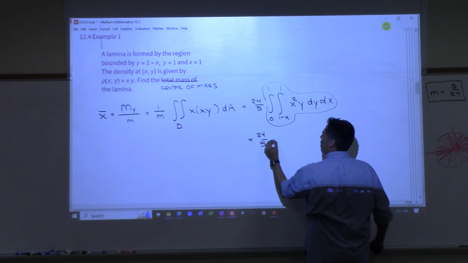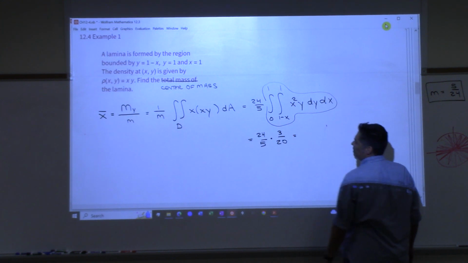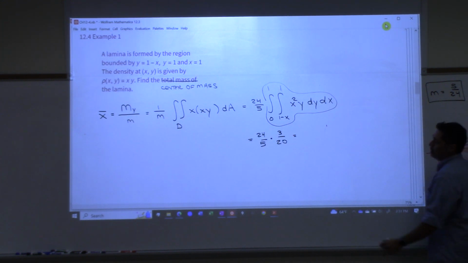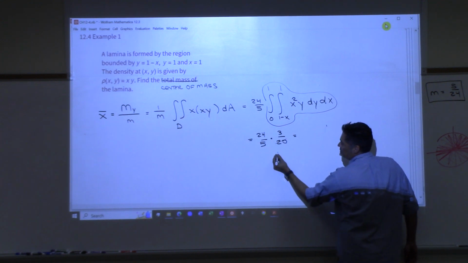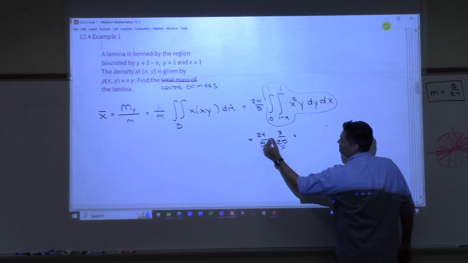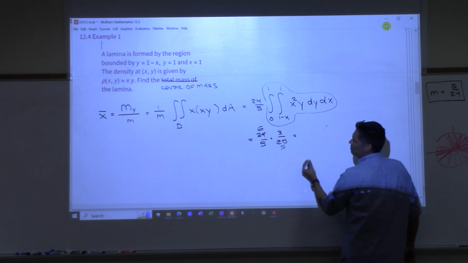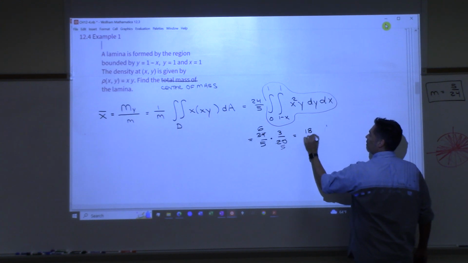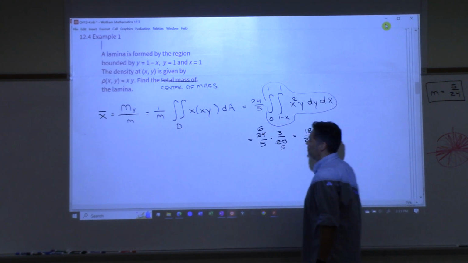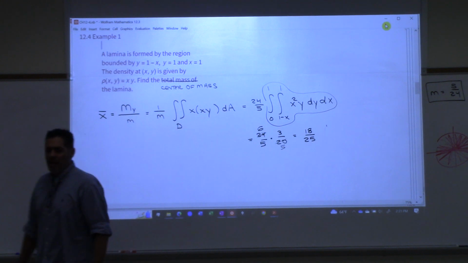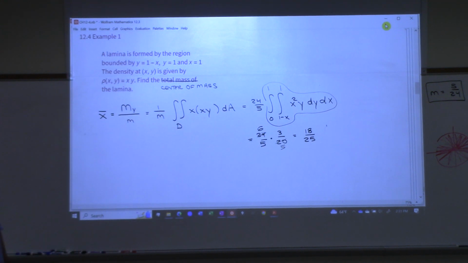So I get 3 over 20. And then I can clean this up. 4 goes in there 5 times, 4 goes in there 6 times, so 18 over 25. That is the x-coordinate of the center of mass of this lamina.